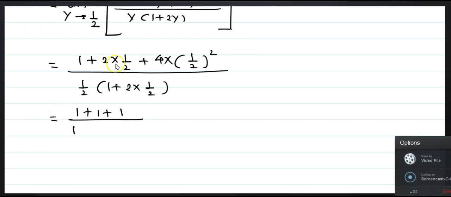Therefore, here the 2 gets cancelled, we will get 1. 1 upon 4, 4 into 1 upon 4, the 4 gets cancelled, we will get 1. 1 plus 1 plus 1, that is 3. Now here again 2 gets cancelled, we will get 1 plus 1, 2. 2 into 1 upon 2, again 2 gets cancelled, and overall you will get one.